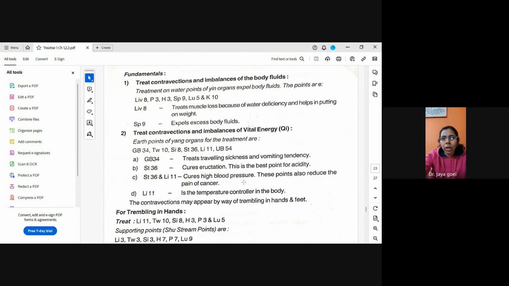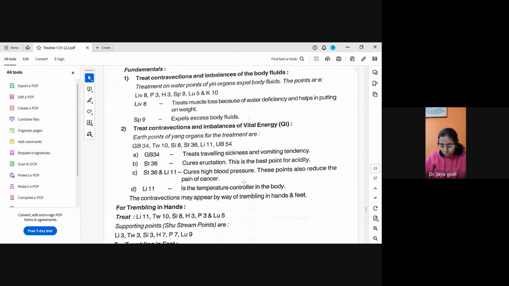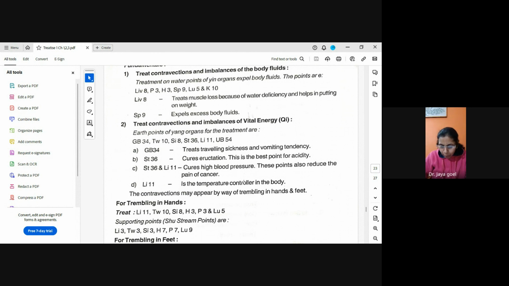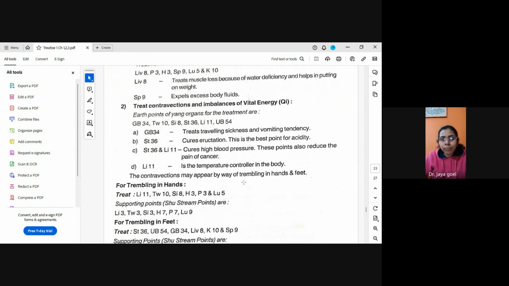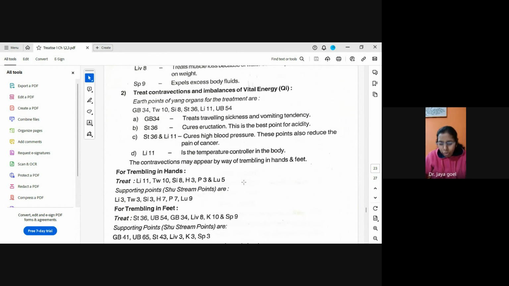These points also reduce the pain in the liver. LI11 also controls the body temperature.